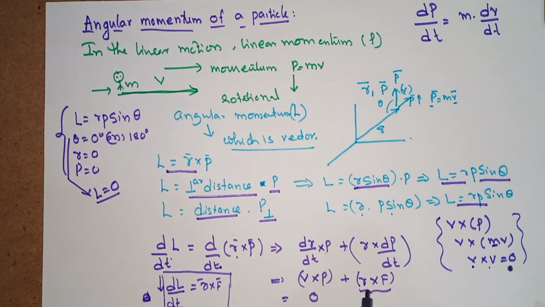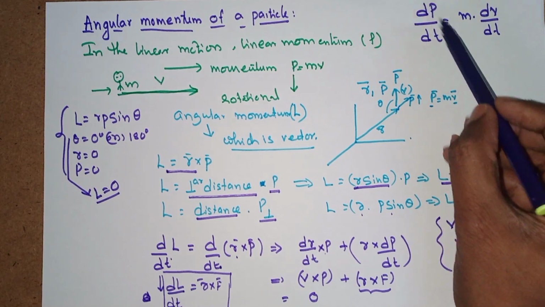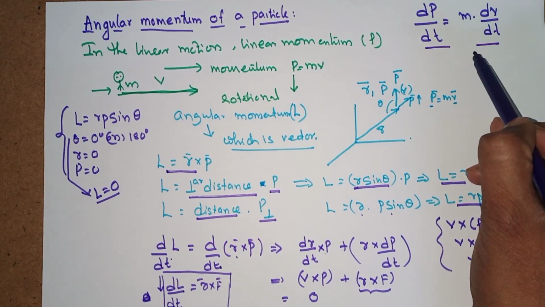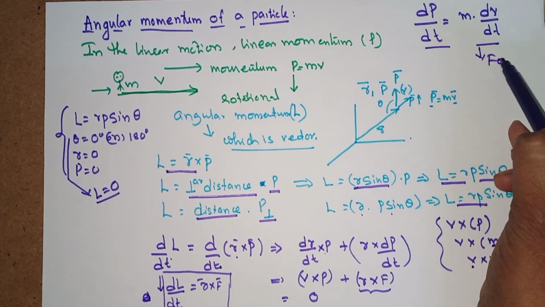In the last session we observed that r cross F is a torque, the moment of force, which is like a couple of force. So the rate of change of angular momentum is written as torque or r cross F. The rate of change of linear momentum is called force actually.